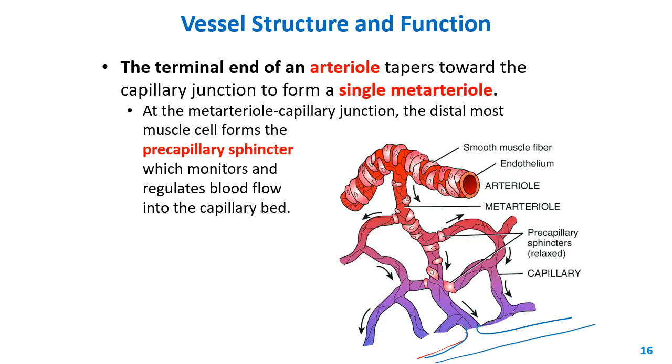All right, so we mentioned that. Okay. So here, from this metarteriole, you will also find the sphincters that control the flow of blood to different capillary beds, okay, to the capillary beds here.